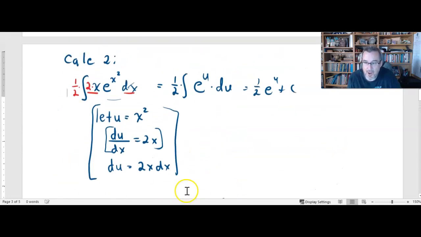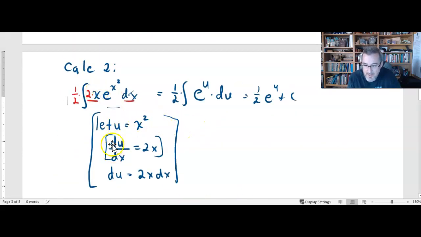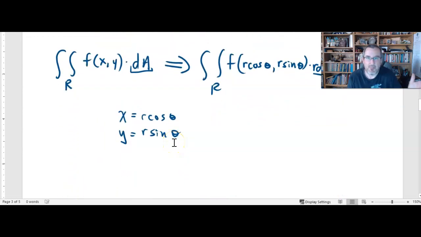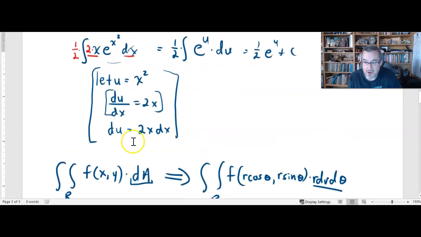Up here, we would let u equal x squared and then find du dx. Down here, we don't get to just randomly pick or choose based on the function. We just have to take the actual conversions from rectangular to polar and say x equals r cosine theta, y equals r sine theta. And then like up here, we would do a du dx in order to figure out how to convert dx into a du. It's not just erase it and make it du.